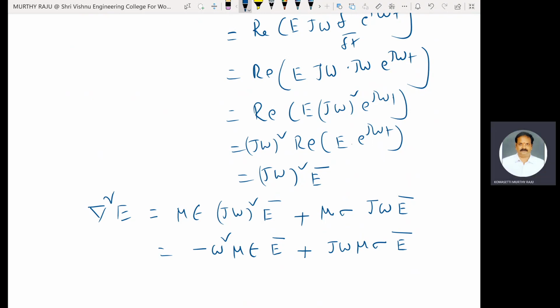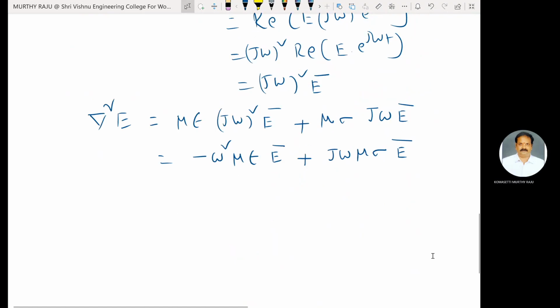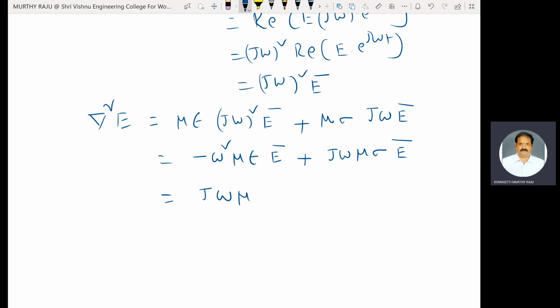After that, this one is written as j omega mu sigma E bar minus omega square mu epsilon E bar.